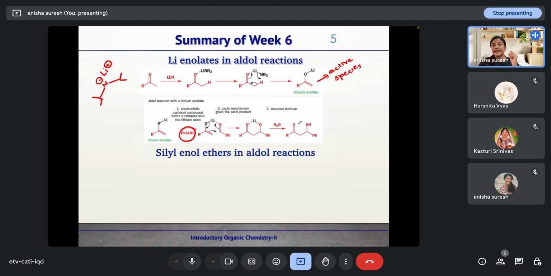Now, the other reaction that we have studied was using silyl enol ethers, which is known as a Mukaiyama aldol condensation reaction.